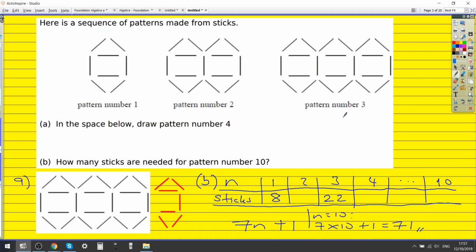How do you find the term to term rule for a sequence of diagrams? You just count how many, say, sticks you've added on. Yeah. And then that's the main number. So that's the number in front of n. Yeah, and then I could sort of go backwards.